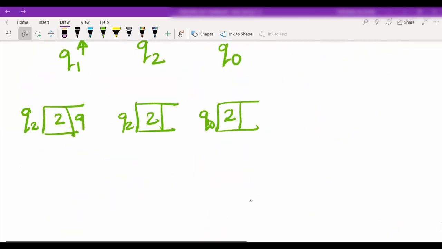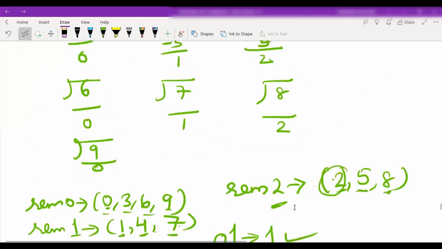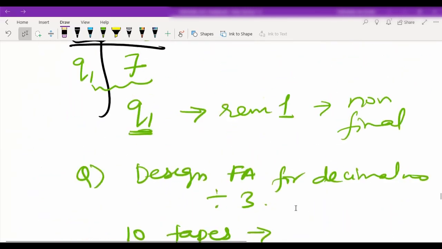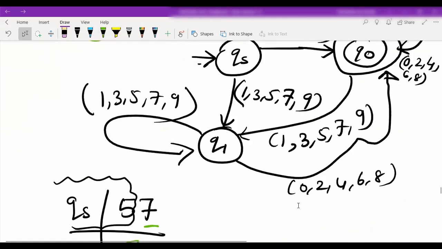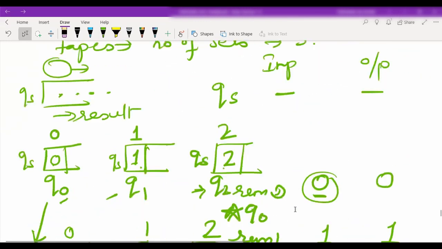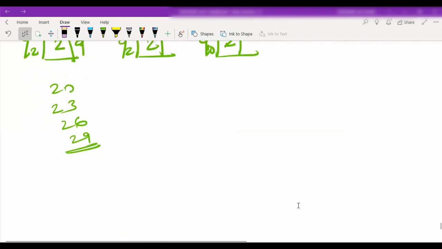So whether you are taking 2 0, or 2 3, or 2 6, or 2 9, we have to check whether these numbers are divisible by 3 or not. They are not divisible by 3. They are leaving the remainder 2.